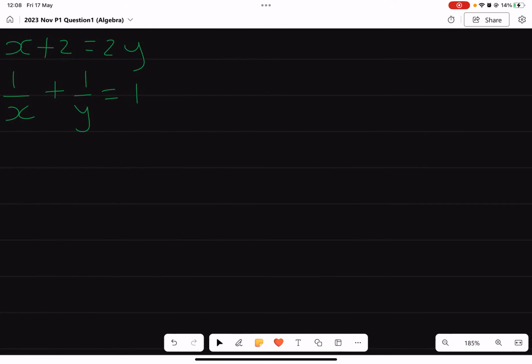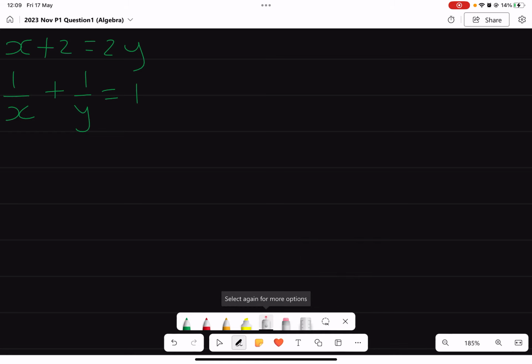All right. So let's see, ladies and gents. If you check here, you have two equations. This is your first equation. That is your second equation. You always have to pick the easy equation, and that will be a linear equation.